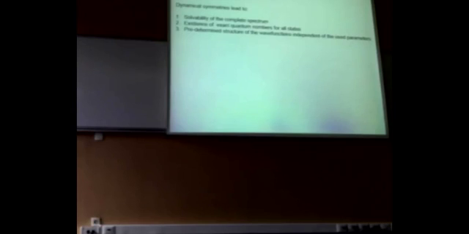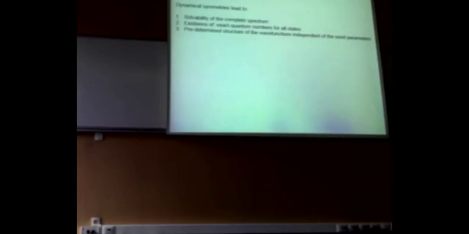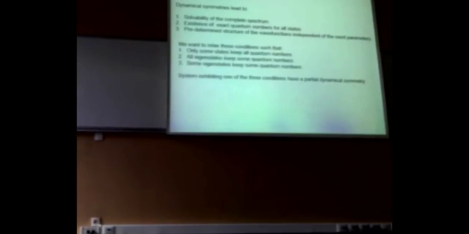Of course, nature is not always very generous, and does not always fulfill these three conditions of a dynamical symmetry. So we can relax these conditions and construct Hamiltonians such that only some states keep all the quantum numbers, or that all eigenstates keep some of the quantum numbers.